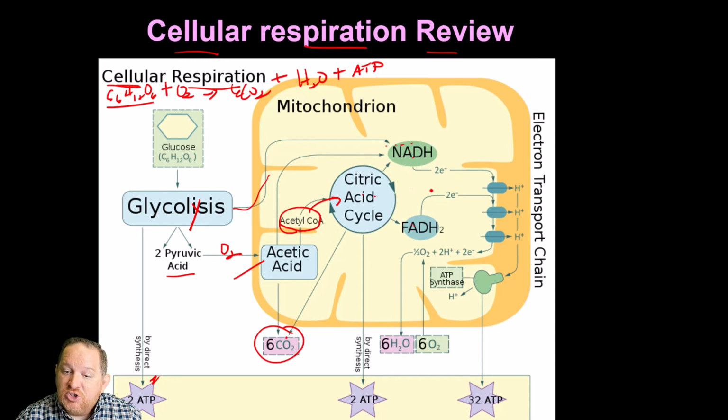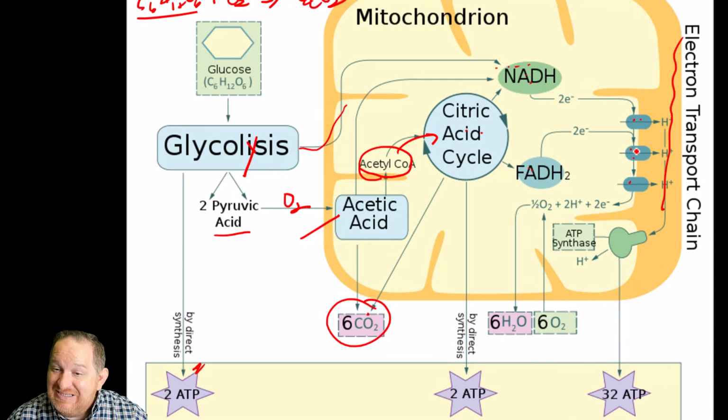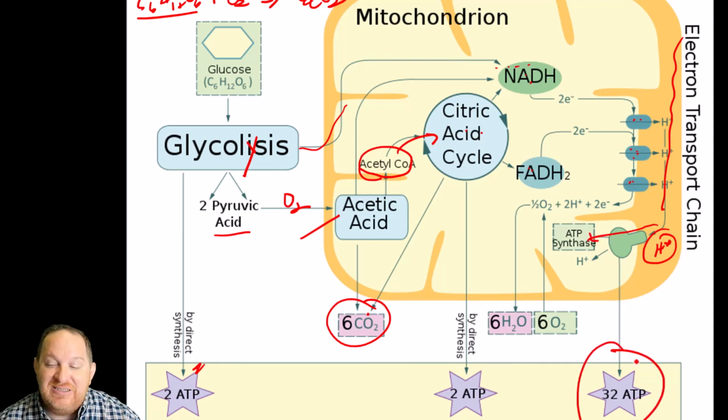All of those electrons are then going to go over to this final step, electron transport chain, where those electrons go through these proteins, right, to make the electron transport chain activate, which will take the hydrogens, shuttle them across so that it builds up a gradient. That gradient then will go through ATP synthase, making a lot of ATP.